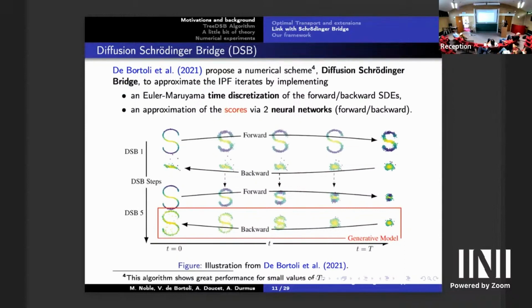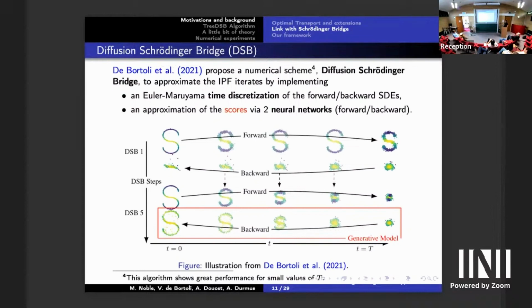So this is this S. And at the end, what I want is simply having this Gaussian distribution as my second marginal. And so what you do is simply, okay, I project on this constraint and I compute the backward of the reference measure, which is the forward in this case. Okay, I end up with this. And now I start from the Gaussian noise and I compute the backward of the previous SDE while learning the score. Okay, I end up with this.